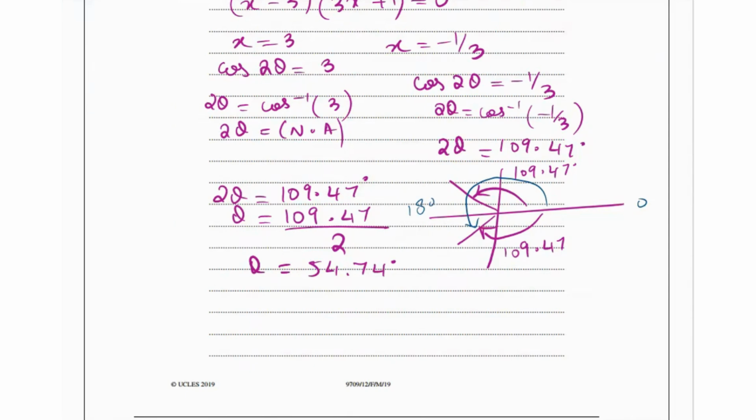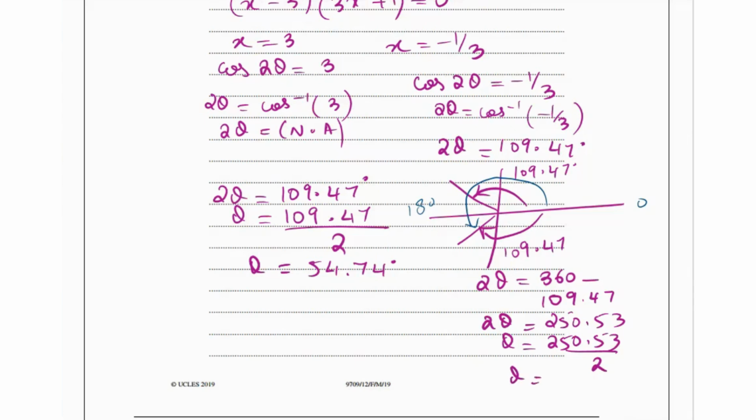So if we do 360 minus 109.47, that's going to give us 250.53. Then we divide it by 2, and that is 125.27 degrees. That is the other value.